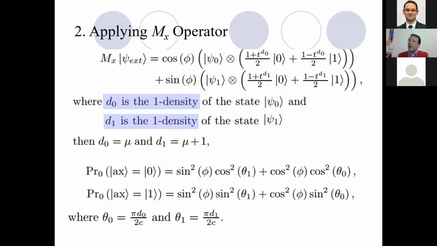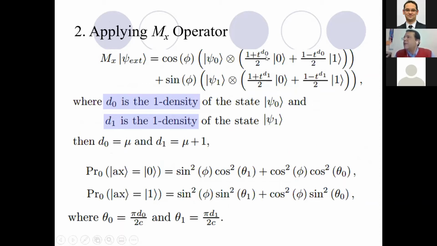Now, when you apply this operator on this system, the auxiliary qubit will be transformed from 0 to this state entangled with psi 0. Psi 0 is the cosine of the unknown qubit, and psi 1 is the sine, the amplitude of the state 1 of the unknown qubit.